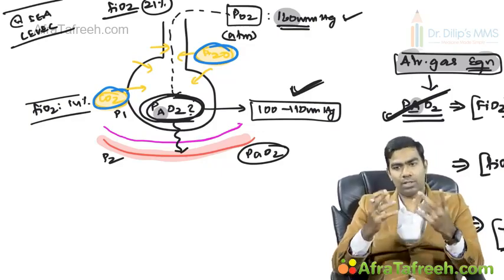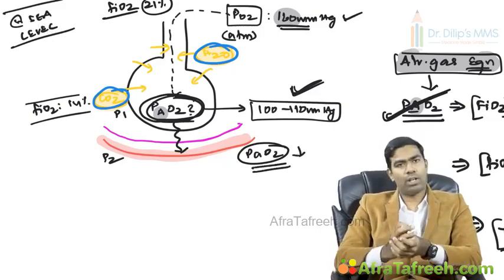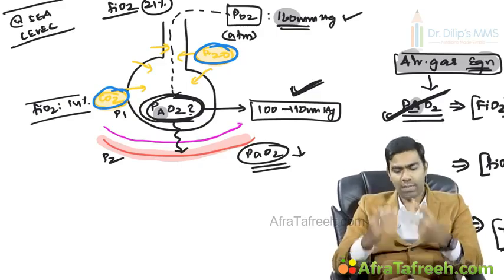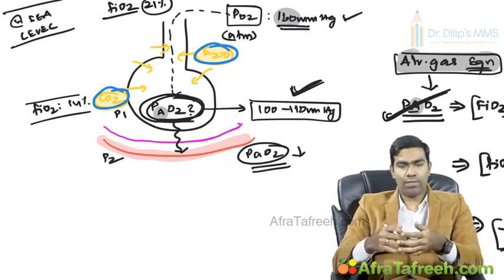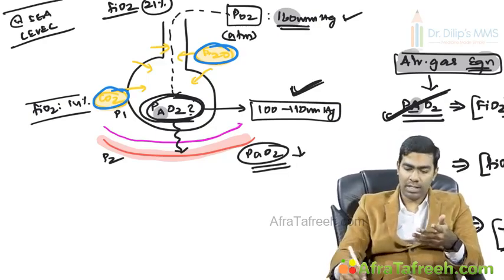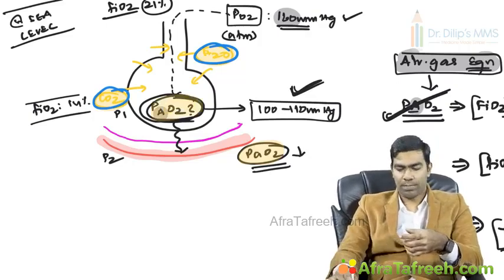That cannot happen. That is not physiology. So always this PaO2 will be lower, by Fick's law. It has to be lower, and it will be lower. But what can you deduce by this PaO2 being lower than the partial pressure of the alveolar oxygen?